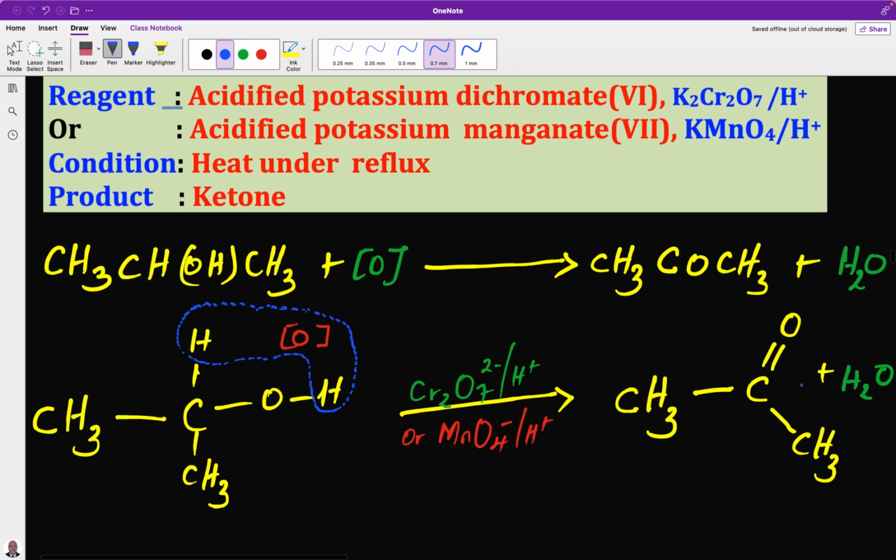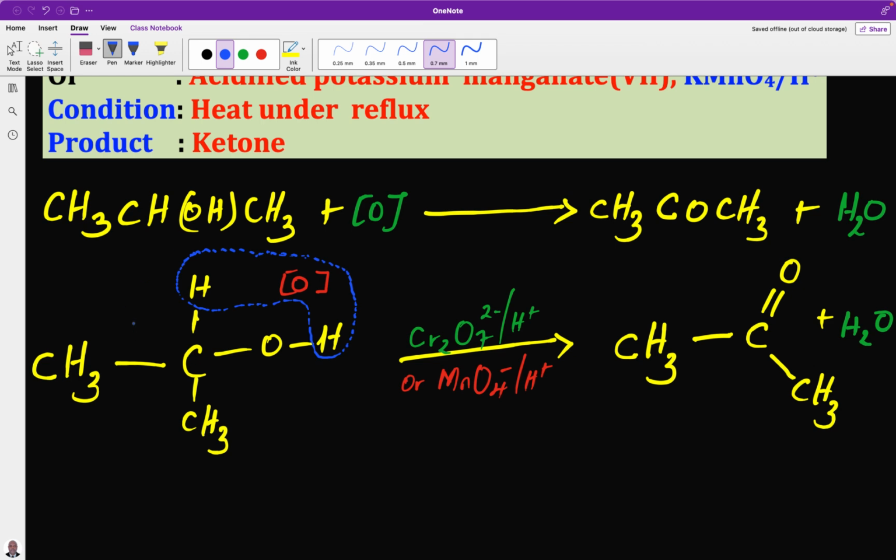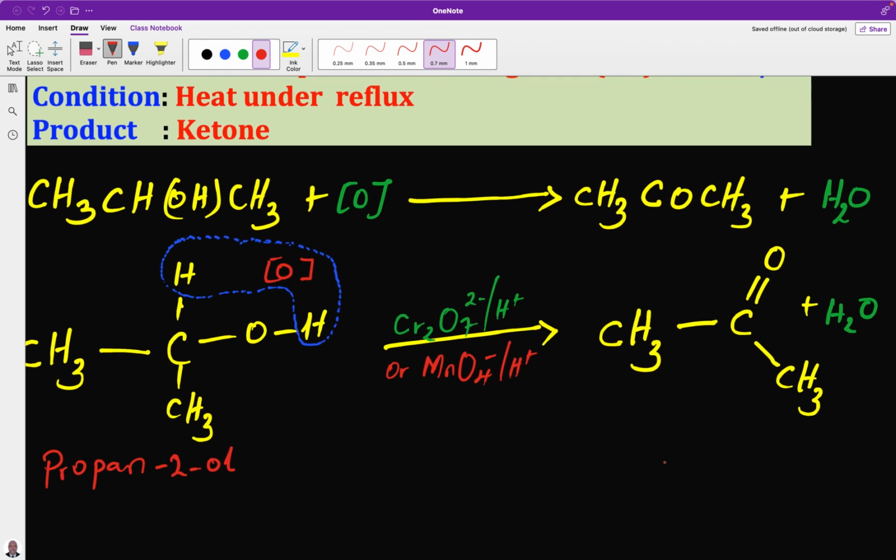This is propanone, propan-2-ol. Now, propan-2-ol gives us propanone. Then a molecule of water is also produced.